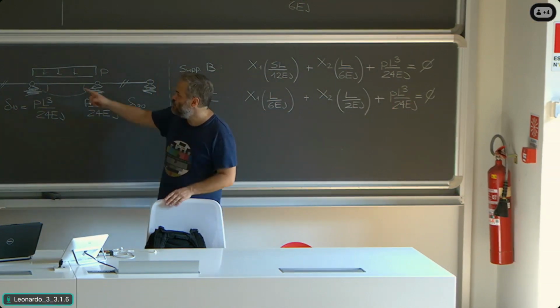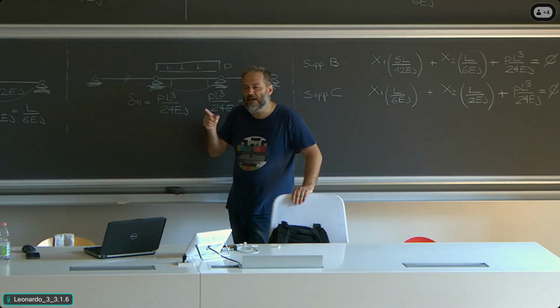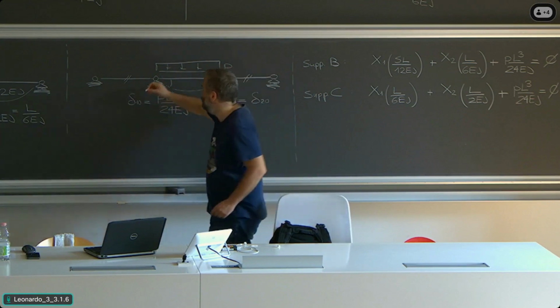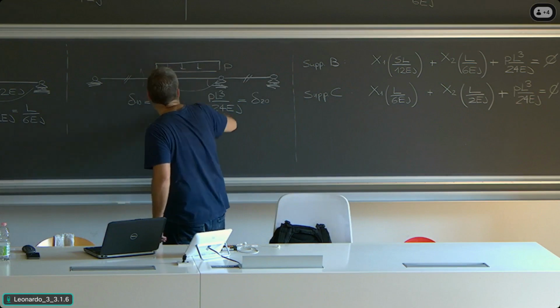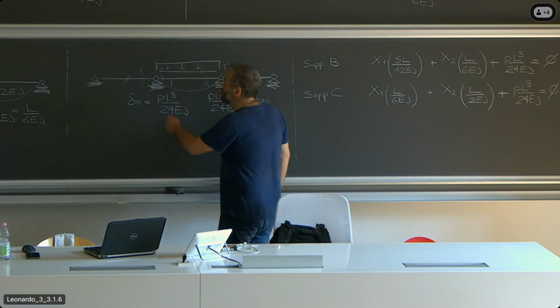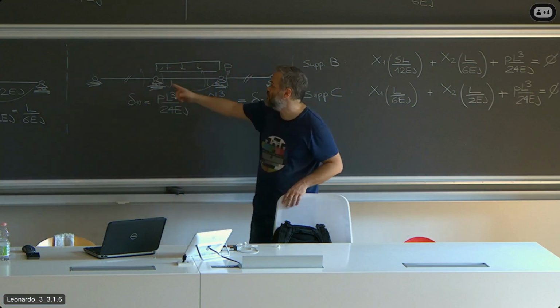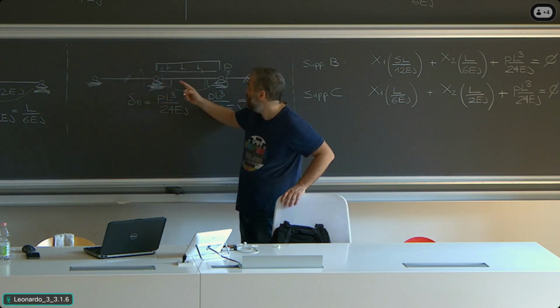Now, when you look at relative rotations, you have to look at them with regards to the bending moments, which we assume, x1 and x2. For example, x1 is like this, x2 is like this. So the rotations are positive if they have the same sign as the moment, here and here.